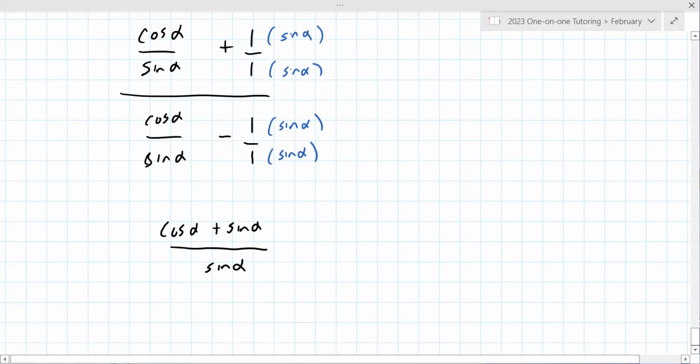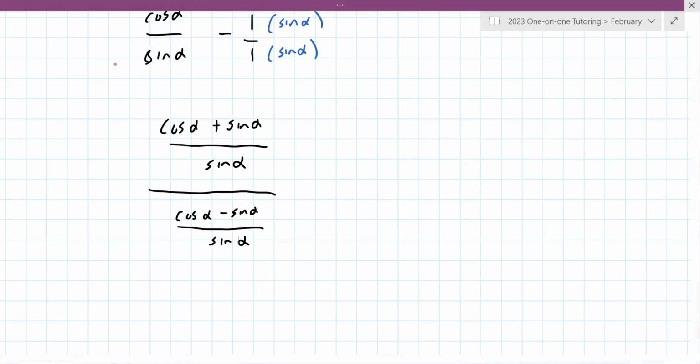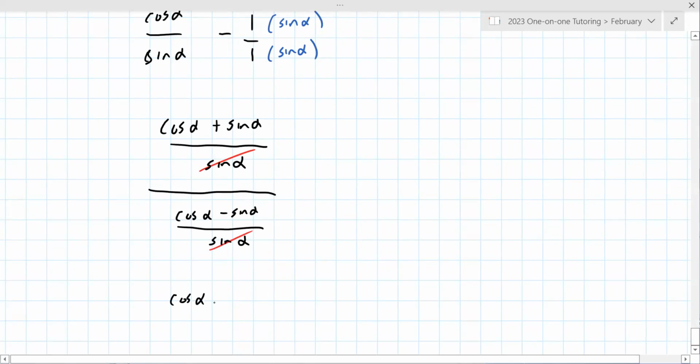And then the bottom becomes cosine alpha minus sine alpha over sine alpha. And the bottoms end up canceling. So you get cosine alpha plus sine alpha over cosine alpha minus sine alpha. We're going to stop there for a moment and go back and work on the other side.